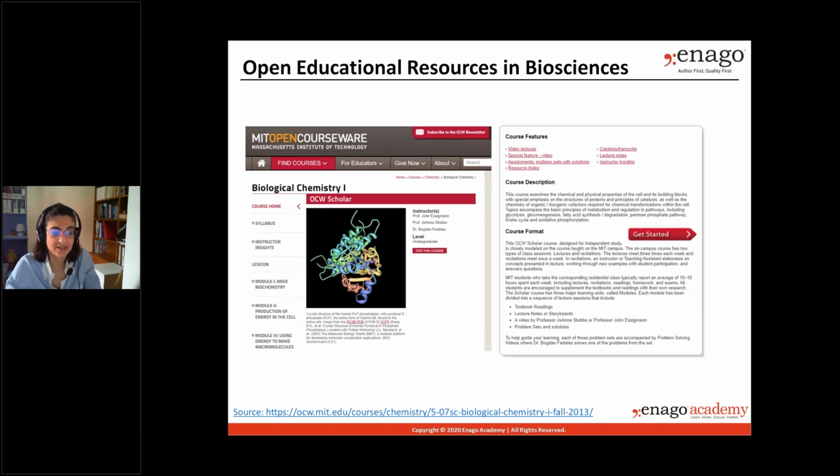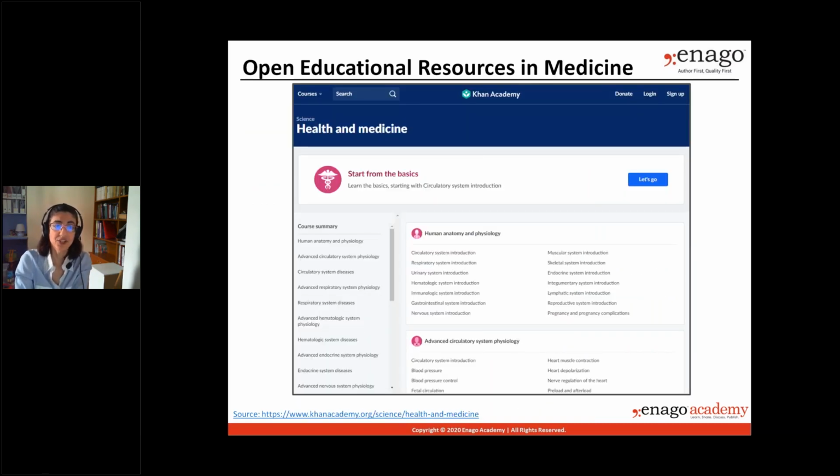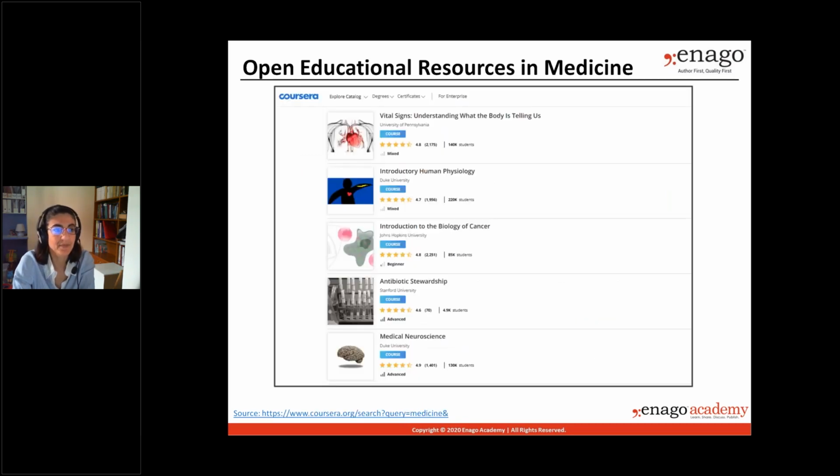And you can find this on the website at the bottom of your slide. These would be resources for biosciences mostly. Open educational resources in medicine, an example would be from the Khan Academy under the section of health and medicine. Again, a broad range of different lectures and notes are available and take you through different topics in great detail and clarity.